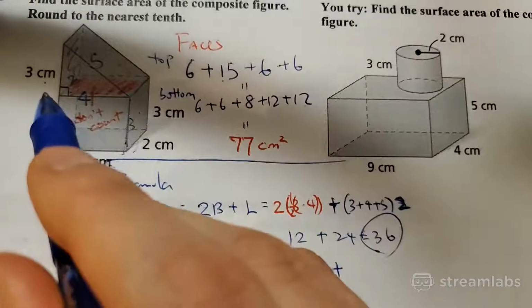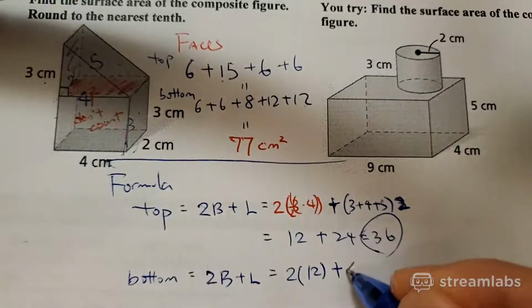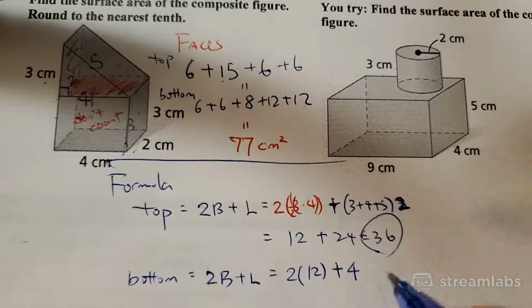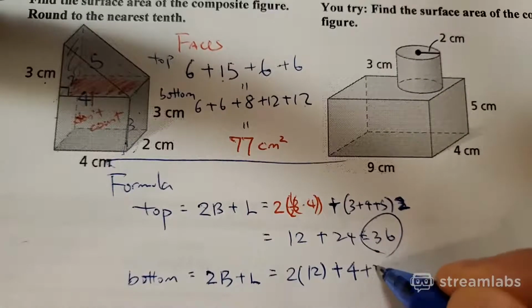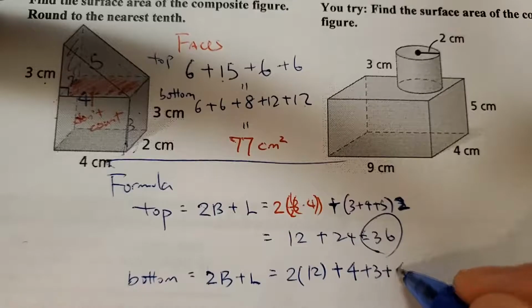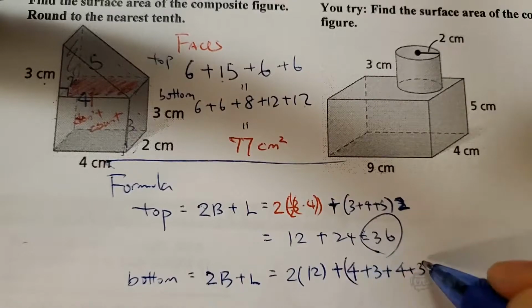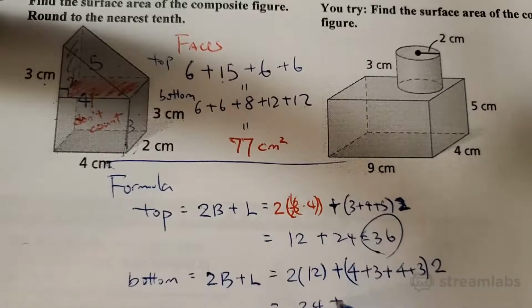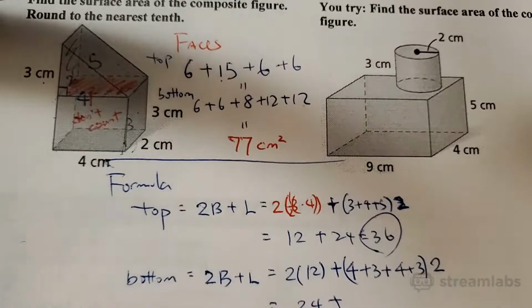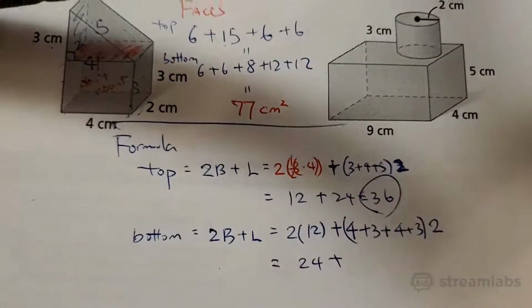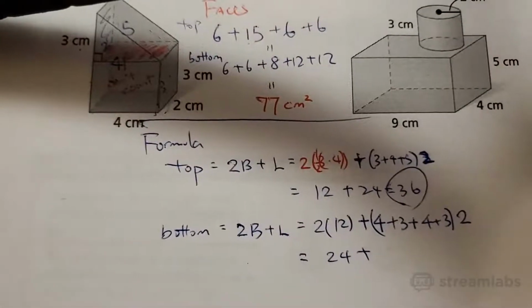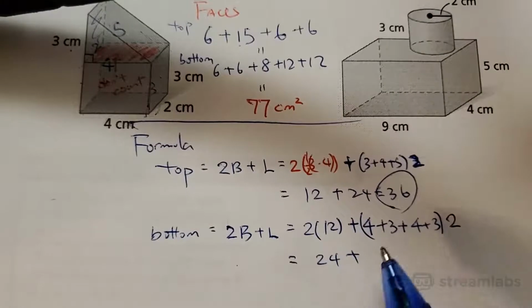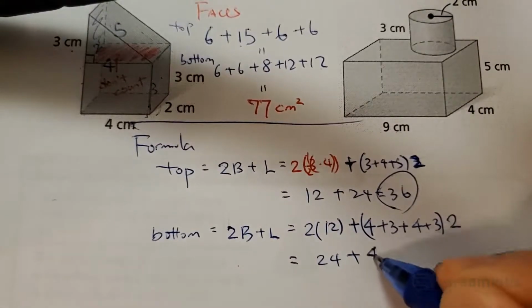perimeter, right? Perimeter, so 4 plus 3 plus 4 plus 3 times 2. So if you calculate this out, you get 24 plus, what is this? 24 plus, so 48.